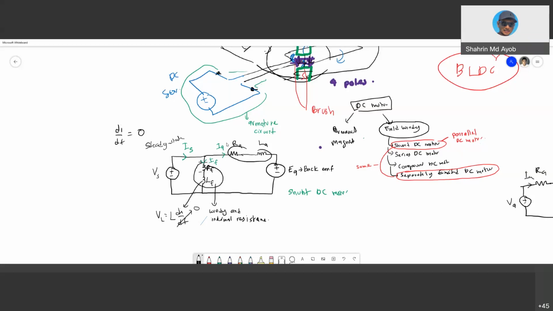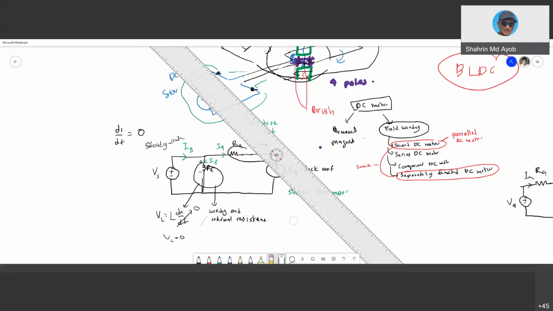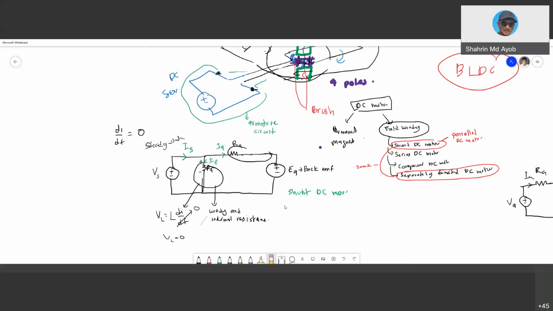So VL is zero. So for our analysis of steady state operation, we can ignore this inductor. So we have only RF and RA. For steady state operation, there is no L inside here. Any question?